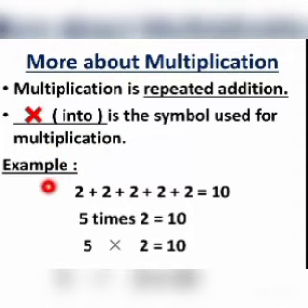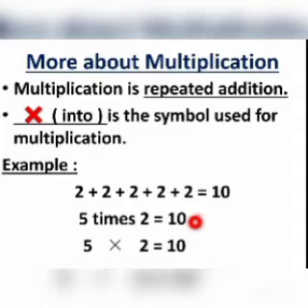For example, what numbers do you see here? 2. 2 is repeated 1, 2, 3, 4, 5 times. If I add those 2's, I get the total answer 10. So, I have written that repeated addition in a short form. 2 is repeated 5 times.